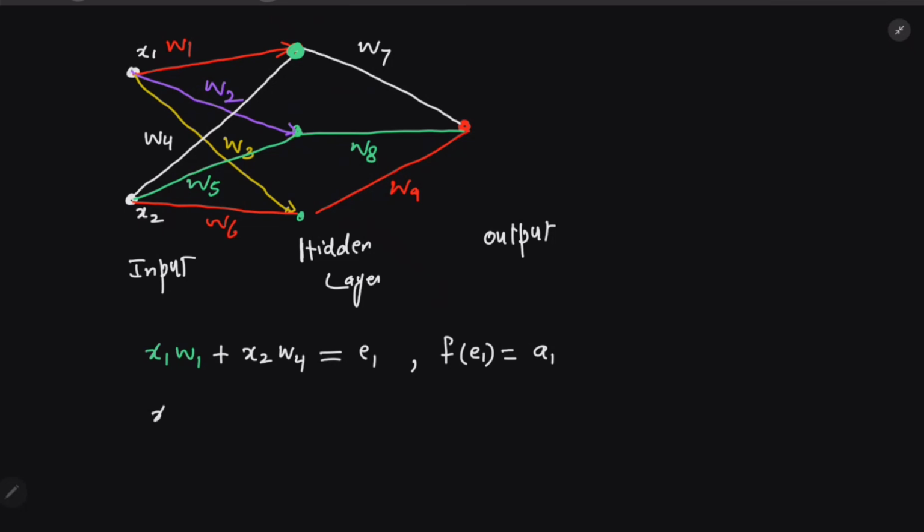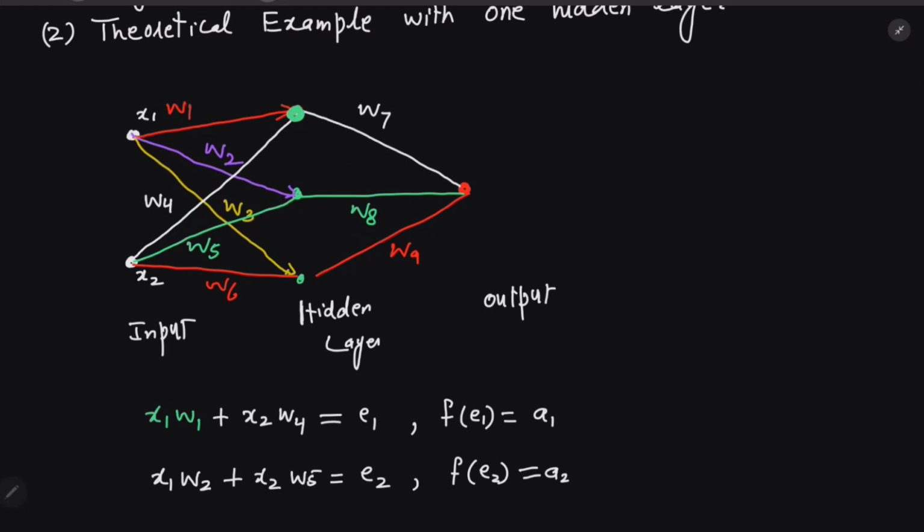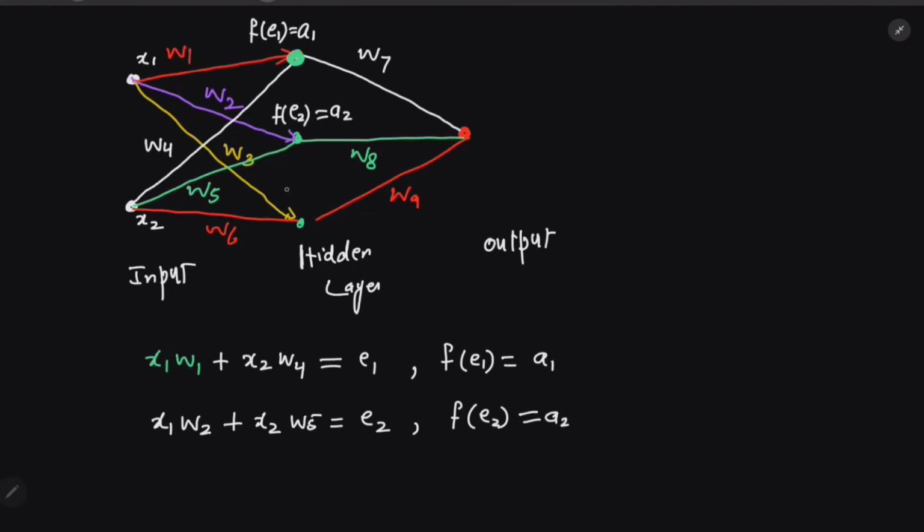From x1 we have x1 W2 plus x2 W5, which is equal to E2, and you apply the activation function. That activation function can be sigmoid or ReLU, the rectified linear function. On E2, you get A2. So we get A1 after applying the function on E1, then f of E2, which is A2, then f of E3, which is A3.